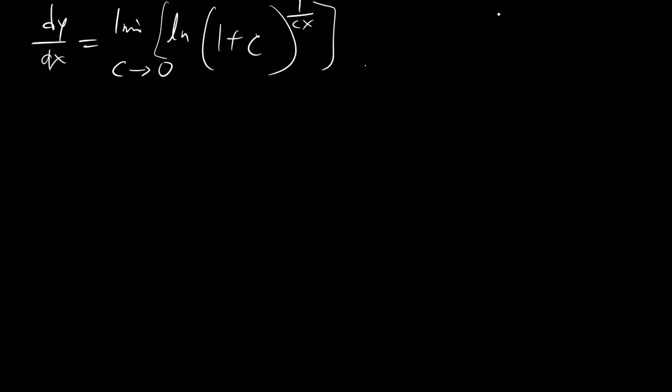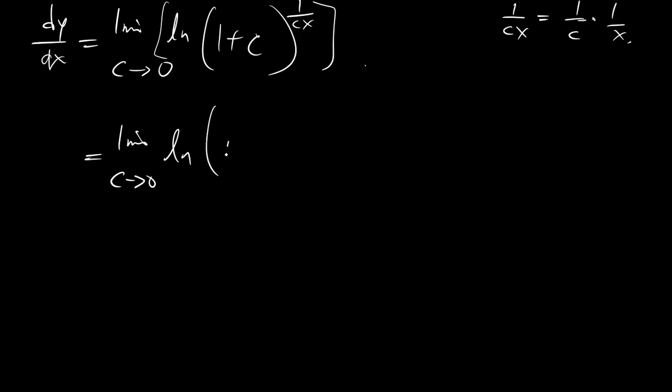Now 1 all over cx is the same thing as 1 all over c times 1 all over x. So this exponential now becomes the limit of c tending to 0 of ln of 1 plus c, raised to the power 1 all over c times 1 all over x.